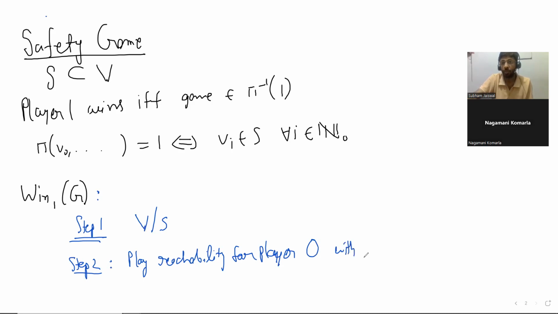Player 0 wants to reach T equal to V minus S. Most of the time one doesn't have to translate everything in verbal language because this language itself is convenient, but still, if you need to, you translate. Player 0 with T equal to V minus S.